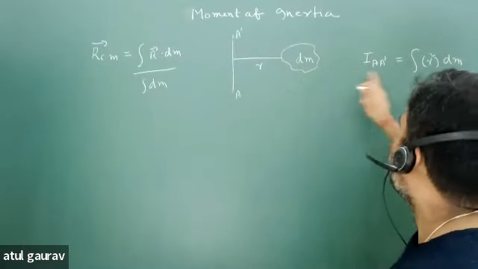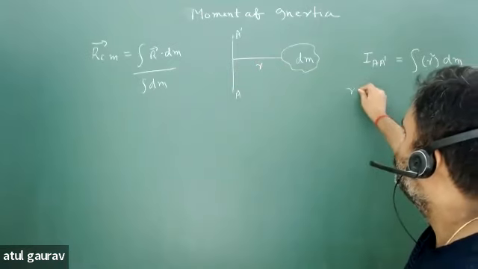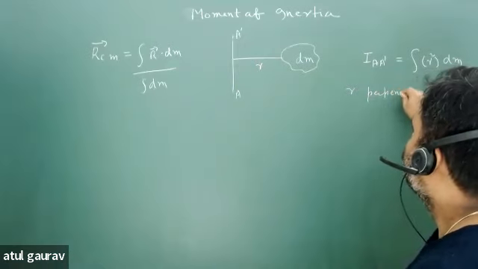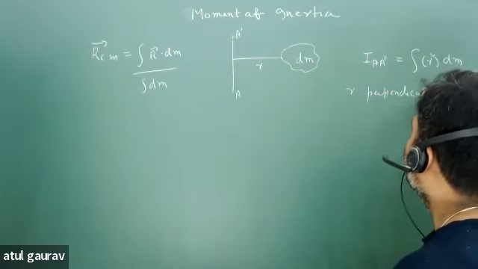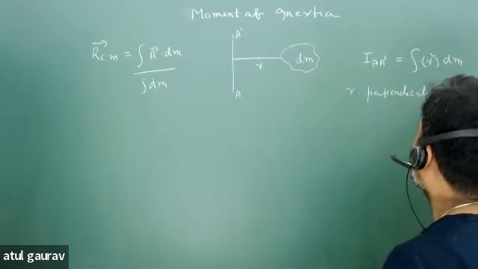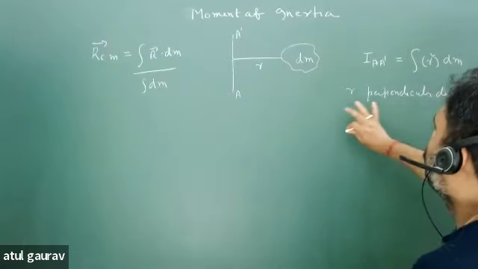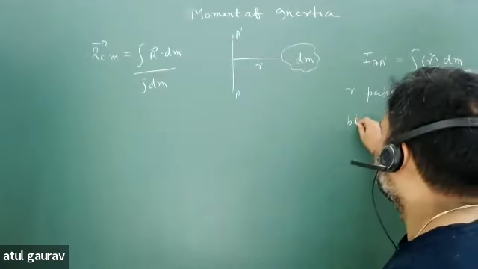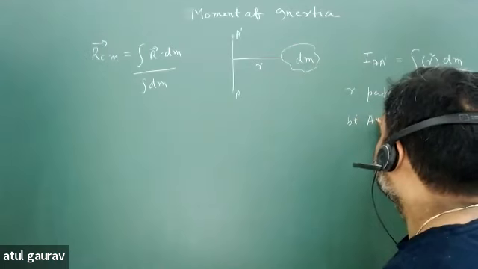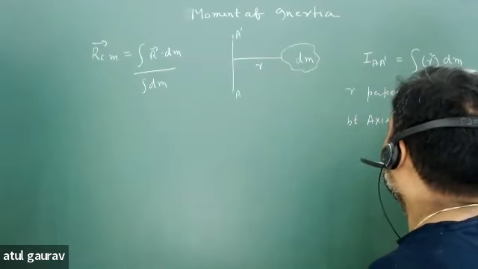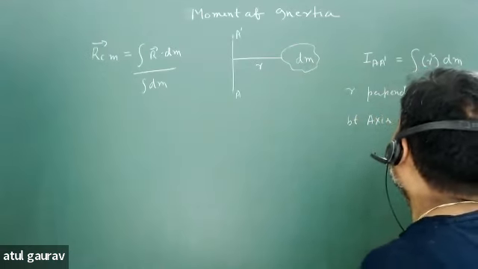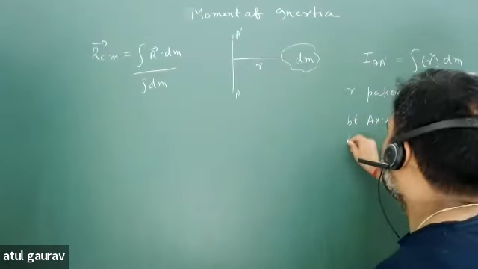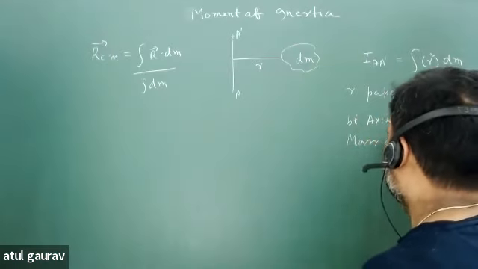So this perpendicular distance, r is nothing but the perpendicular distance between, obviously, the axis and the elemental mass dm.